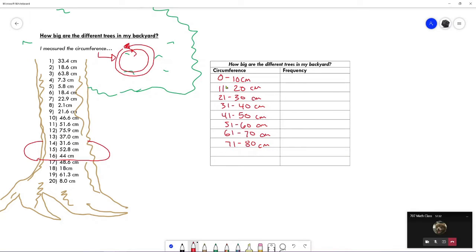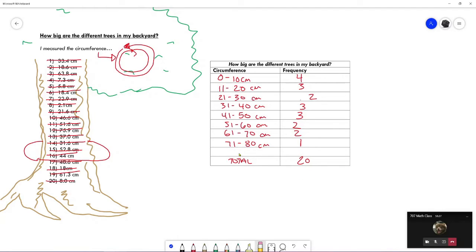Okay. So now what I can do is actually just count how many trees fit into the category of being 0 to 10 centimeters wide. And so I'm going to assign all of these and figure out how many I have. Okay, so I filled out my frequency table with the ranges of data that I have. And I know that I had 20 trees to start, so that means my total should be 20.